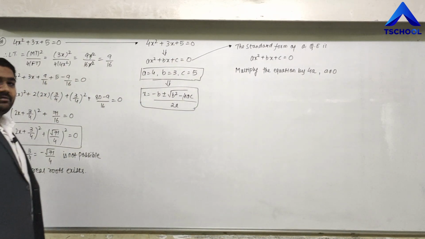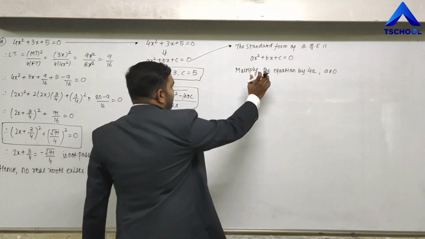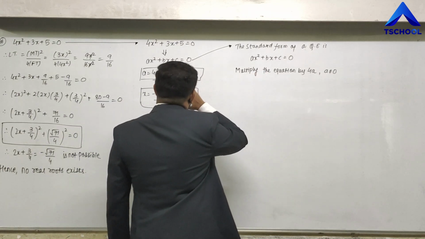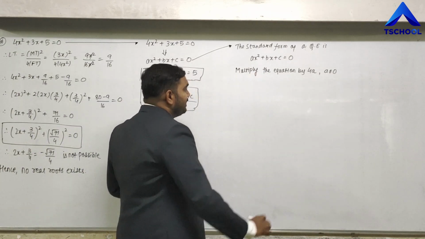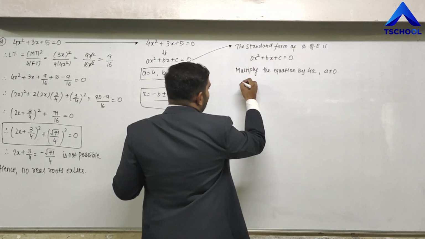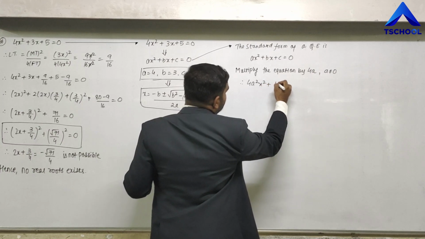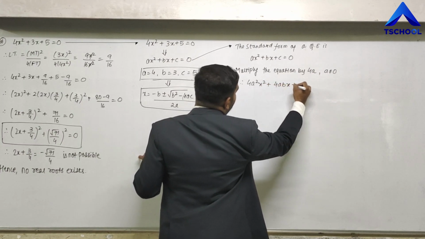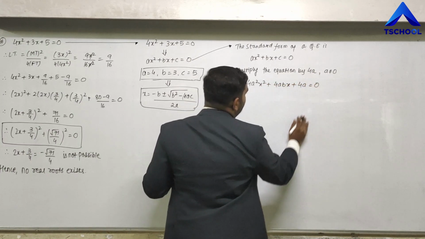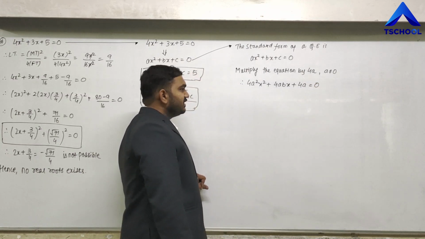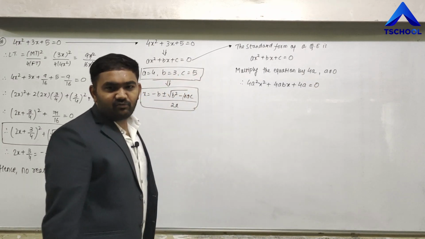Given a is not equal to 0, so we get the equation that is 4a square x square plus 4abx plus 4ac is equal to 0. Yes or no? We got this. Now what we shall do?